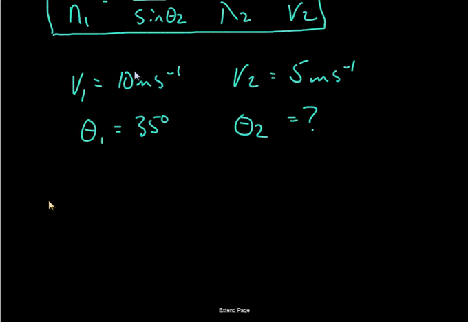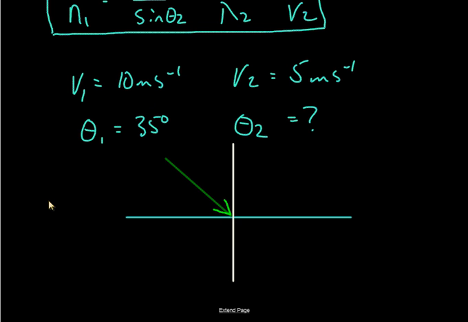So to draw a quick little picture here, it would be, again, this kind of scenario. Here we have our incident wave like that. We've got our normal here. Let's just make sure that we know that this is the incident wave.